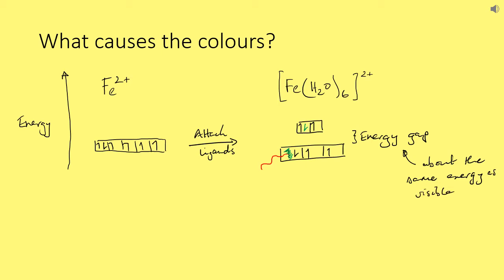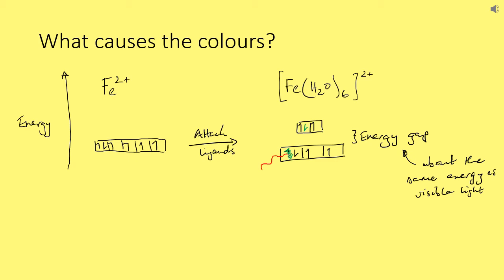Visible light is just a form of electromagnetic radiation, i.e. pure energy. And it just so happens that the energy gap that's created when a ligand attaches to a transition metal is the same as visible light energy.